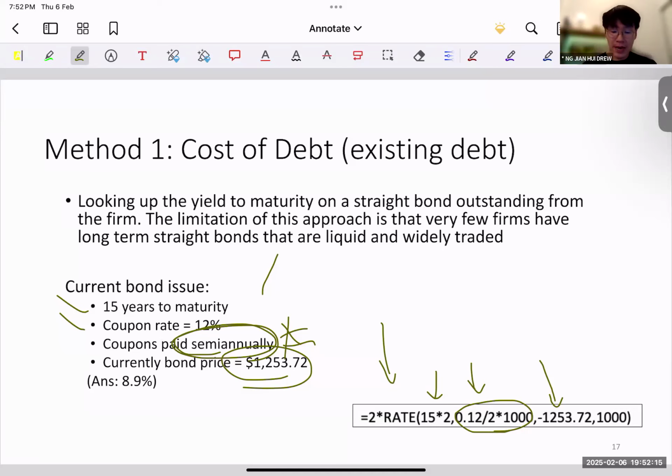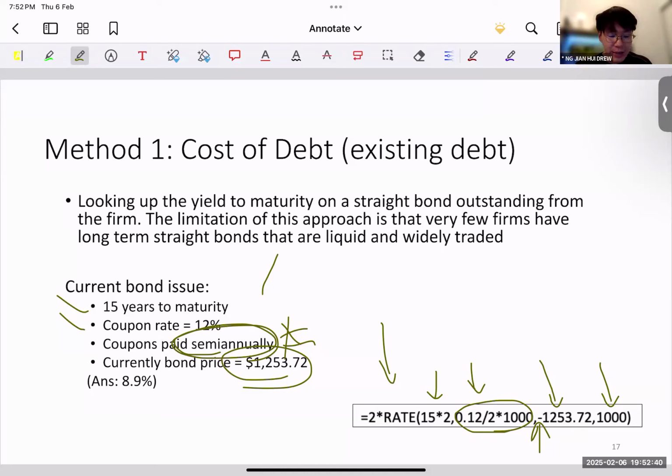Money is going out of my pocket, which is why it's negative here. At the end of the day, after the full maturity of this bond, I'm going to receive 1,000, so that's why it's positive to me. That's how I determine positive and negative. In case you've forgotten, when I put positive or negative, it's not random. It's really looking at whether the money is going into your pocket or out of your pocket.